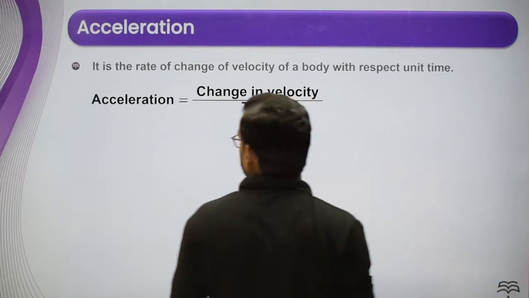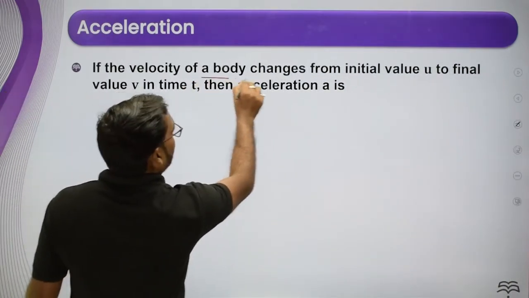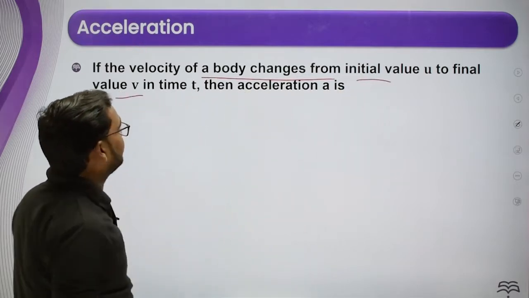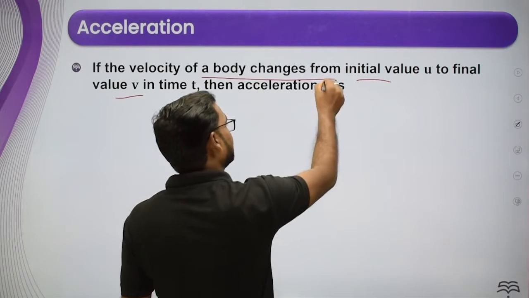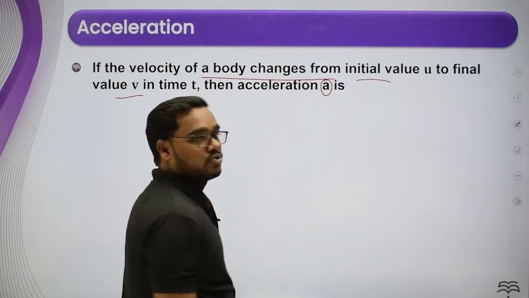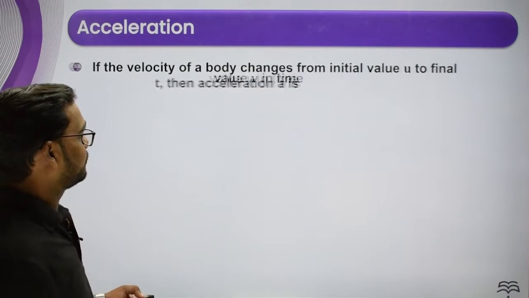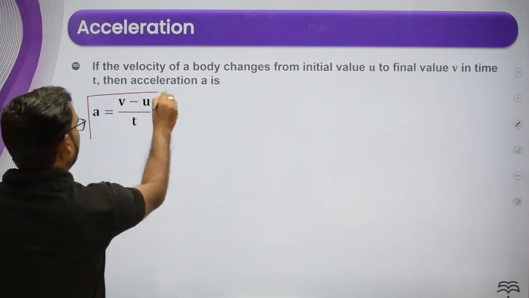Now move to the next point. If the velocity of a body changes from the initial velocity u to the final velocity v in time t, then the acceleration is represented by a. So you can say that the acceleration of the particle, a, is v minus u divided by t.